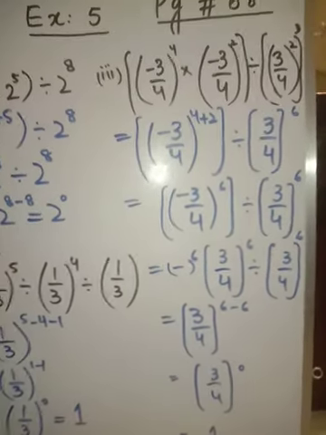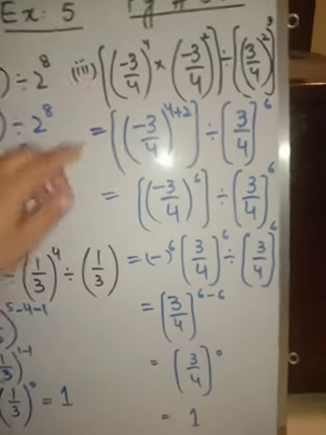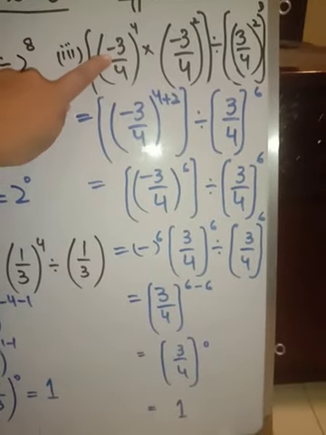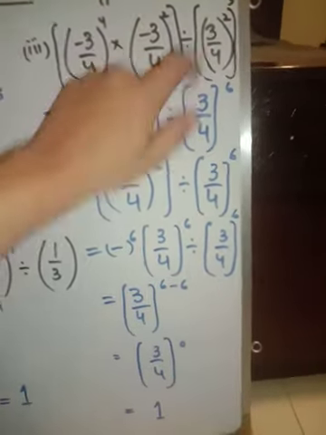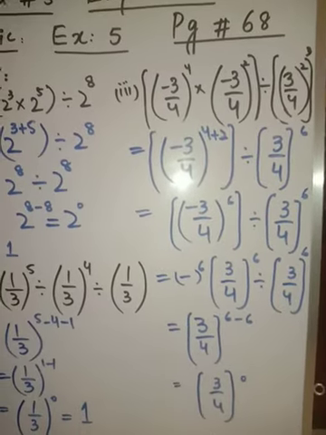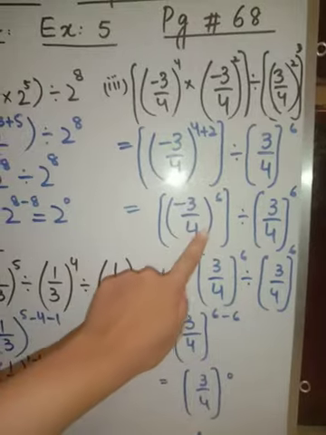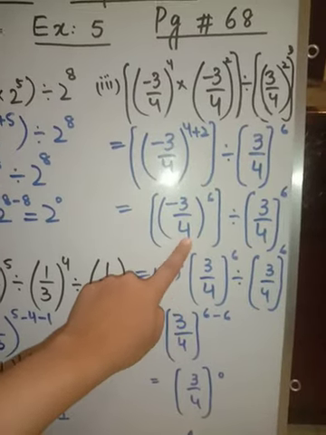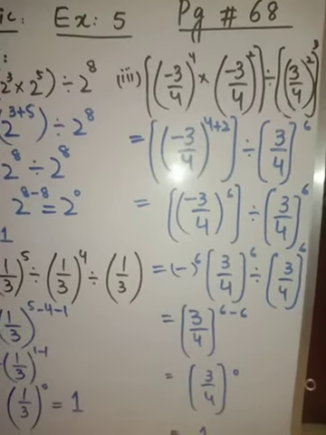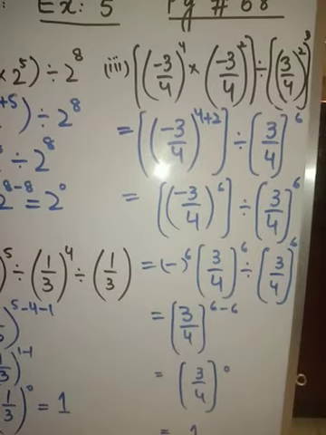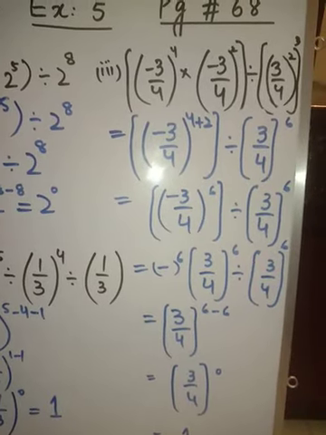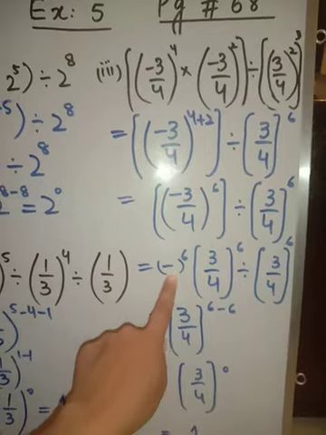In part 3 we have almost the same bases, but these two have a negative sign and this one does not have a negative sign. So the base is the same in multiplying, add the powers. 4 plus 2, 6. Minus 3 by 4 raised to power 6 divided by 3 by 4 raised to power 6. If we distribute the 6 over the minus and 3 by 4, what will we get?